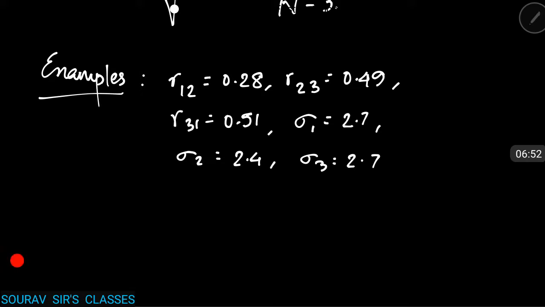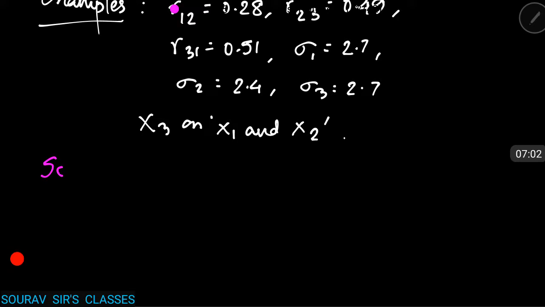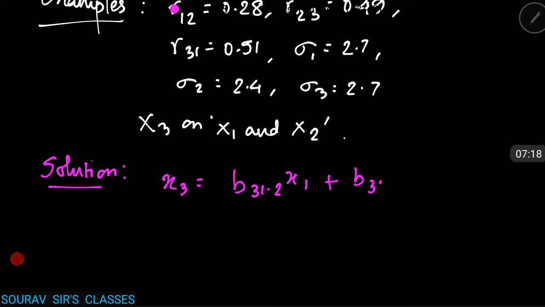Find the regression equation of x3 on x1 and x2. The solution. The regression equation of x3 on x1 and x2 is given by x3 is equal to b31.2 x1 plus b32.1 x2.